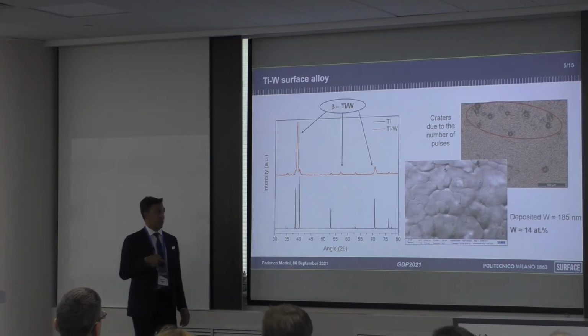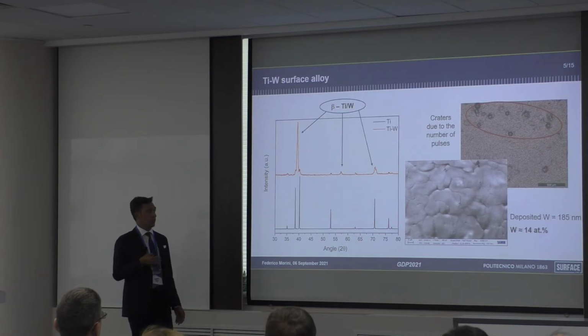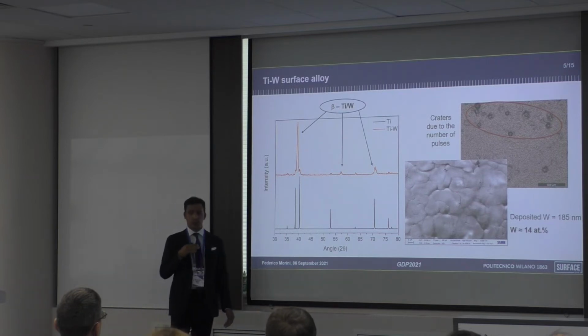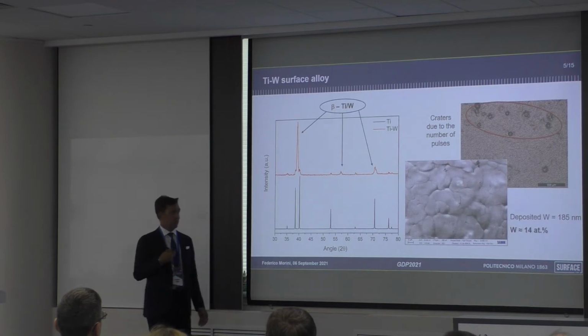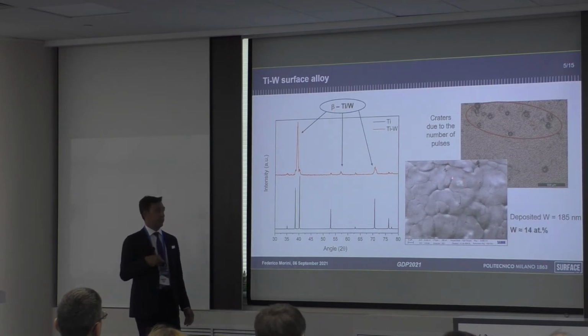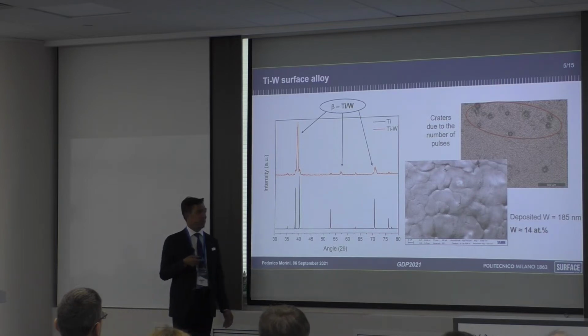But going deeper with magnification, we notice that the situation is smoother and more homogeneous, with the formation of some cracks due to the thermal stresses that the material undergoes.